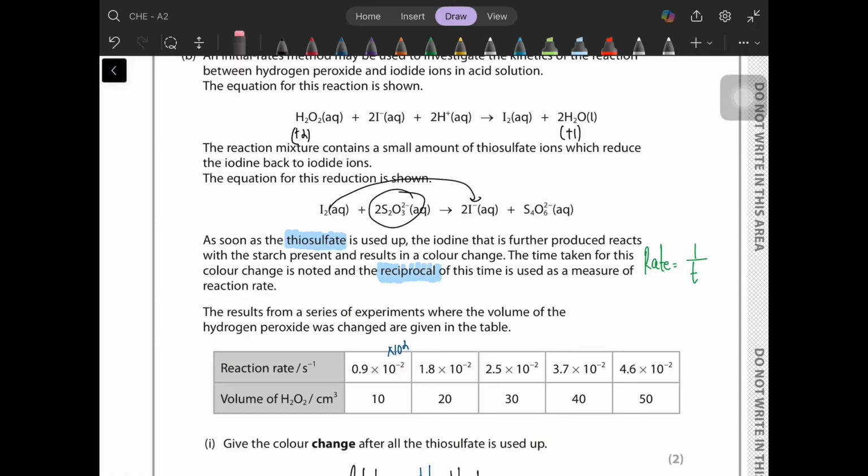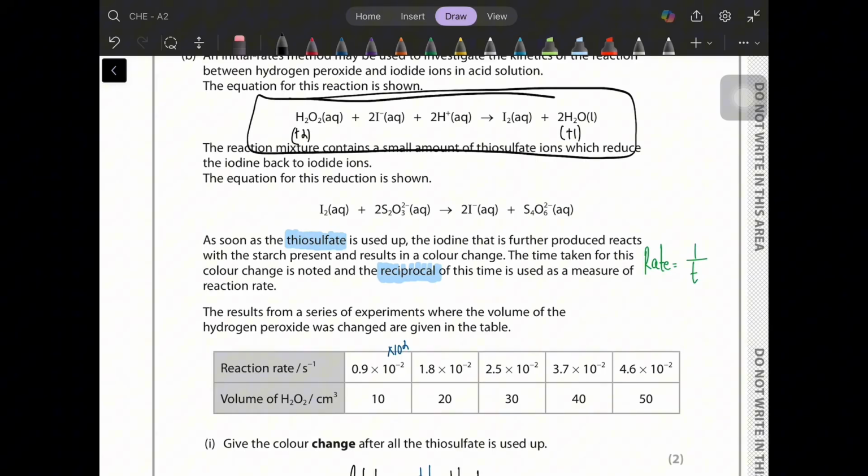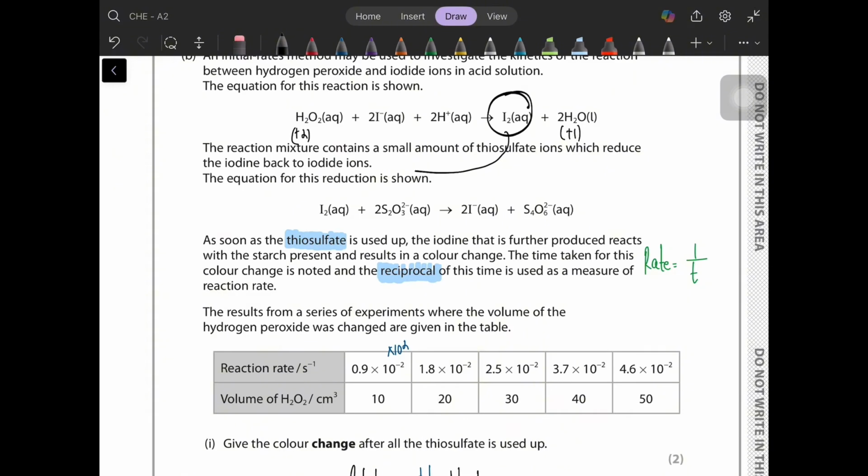Okay, right. So basically, this question is from the iodine clock reaction. What you're trying to do is, first of all, as this reaction is taking place, you're producing iodine, right? Then you're using this thiosulfate to convert this iodine back into iodide, right?